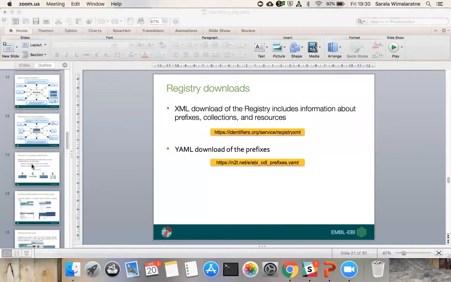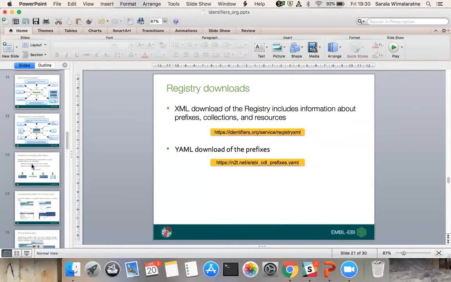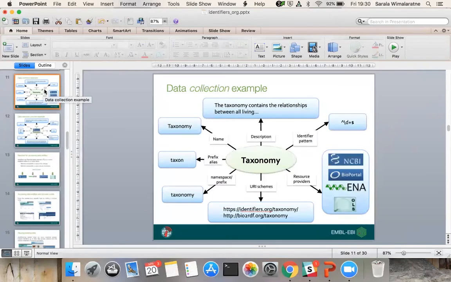So, for example, I think the question that Anita was asking about legacy is about how do you have both the old taxon:9606, which is present and needs to be resolved in many places, but also honor the desires of the folks at NCBI who maintain the taxonomy by saying, if you're going to use a compact identifier to refer to one of these taxonomy identifiers, please use this compact form.